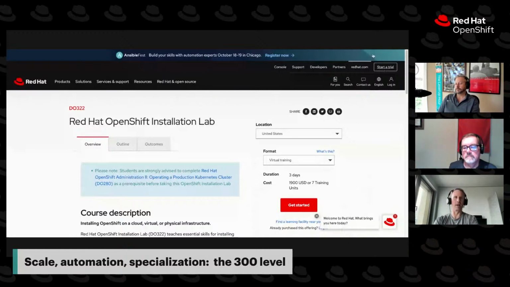The whole idea around IPI in OpenShift 4 was: run this command, answer a few questions, magic, with a lot of engineering behind it. But the reality is a lot of customers either could not or were not able to just do that. They needed it to be more specific to their environment. So a course like this gives you that hands-on opportunity with a UPI-based installation of OpenShift.